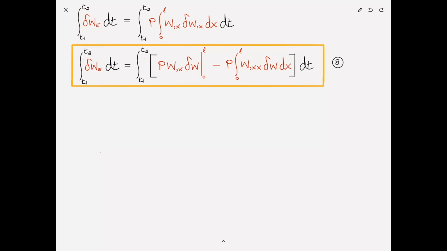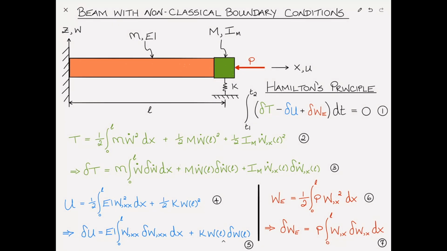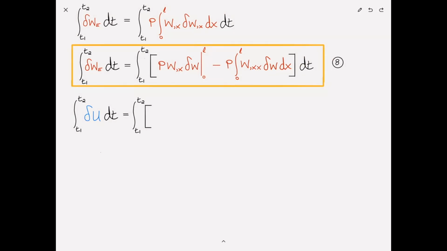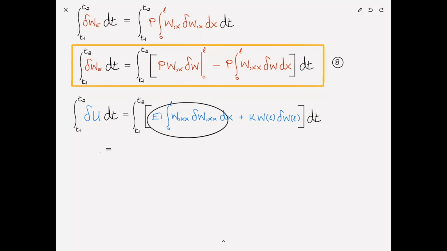We proceed in a similar fashion with the strain energy or the potential energy. The integral from T1 to T2 del U dt is equal to the integral from T1 to T2, and then again, just from the previous page, equation 5, just going to substitute that in. And I need to close off with a dt. And that is equal to, again, we're going to integrate this term by parts, but we've got to do it twice because we have a second derivative.